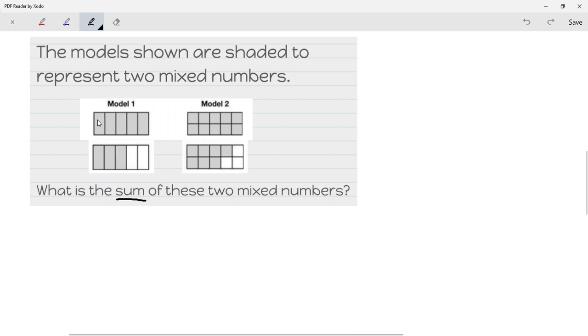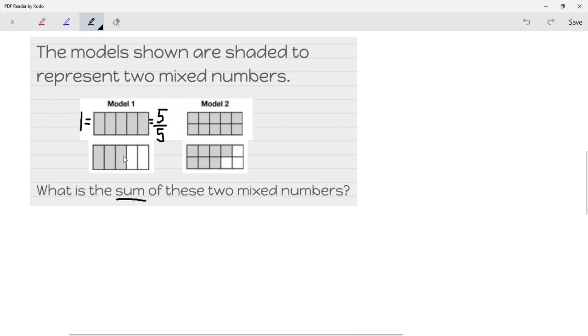I know that this has 1, 2, 3, 4, 5. So this right here is 5 over 5, which equals 1, right? Because it's split into 5 parts, and all of them are filled out. So it is equal to 1, or 5 over 5.